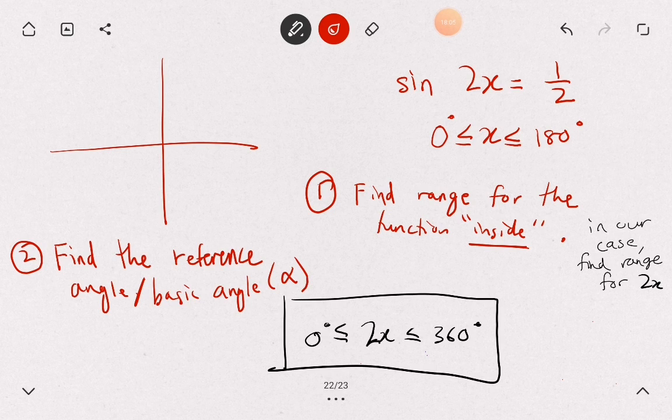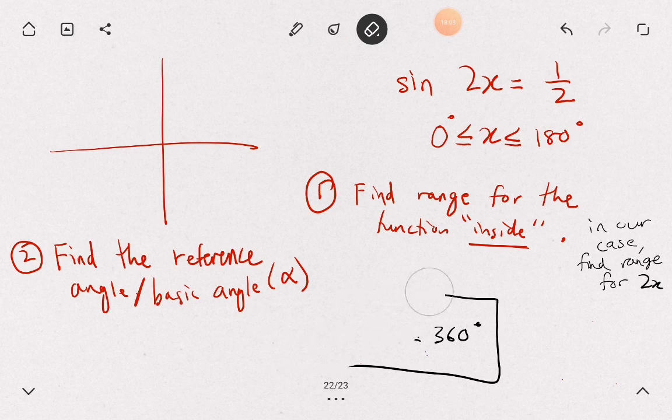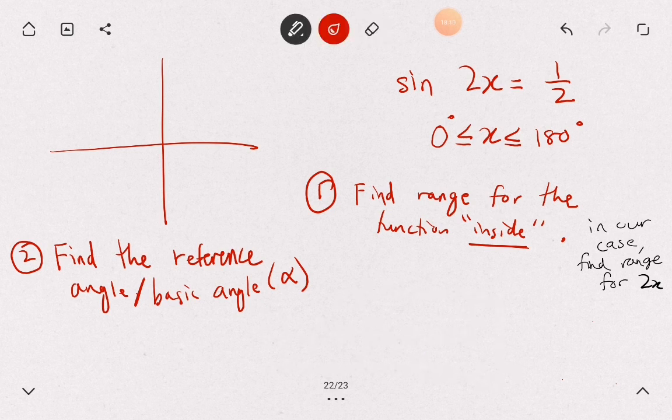So what is the basic angle? Remember just now I said if you have sine theta equals to root 3 over 2, for example, what you'll do, you'll say theta equals to inverse of this, right?